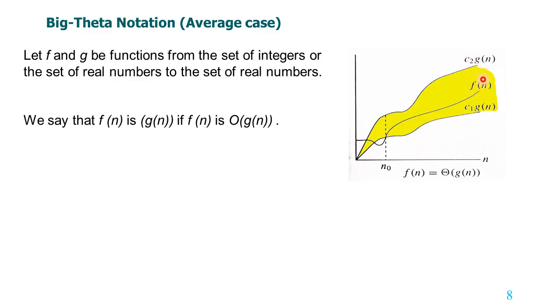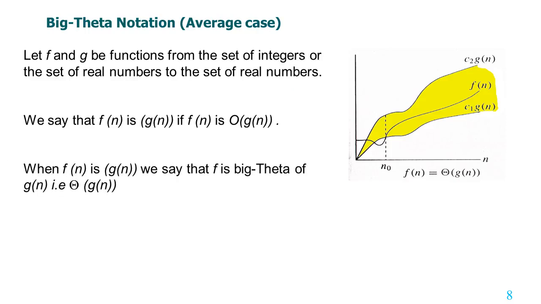So if we calculate the upper bound and lower bound, then theta can be calculated. When f(n) is Θ(g(n)), we say that f is big theta of g(n), that is Θ(g(n)).